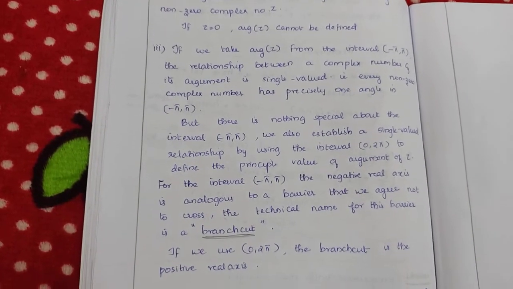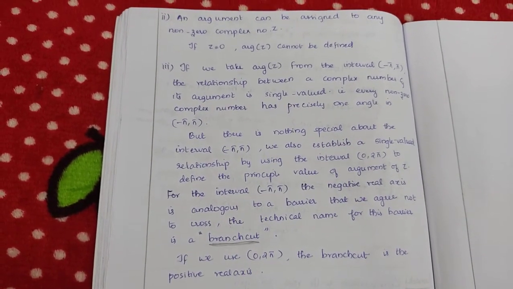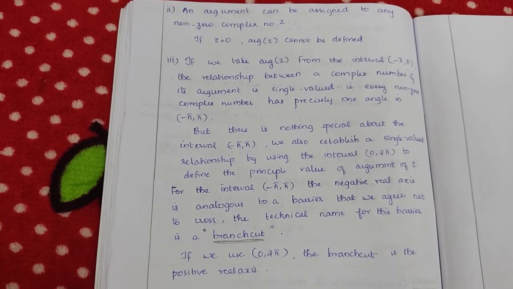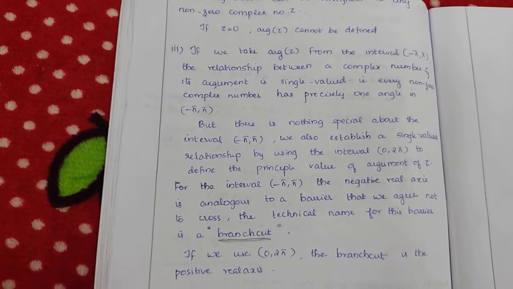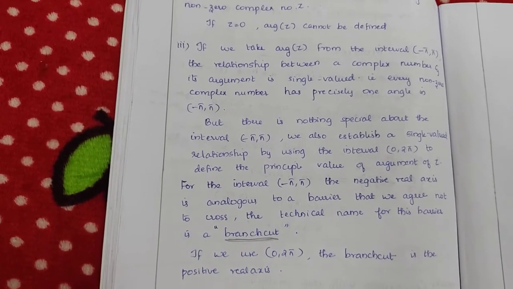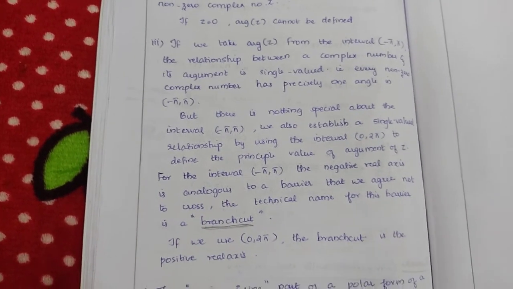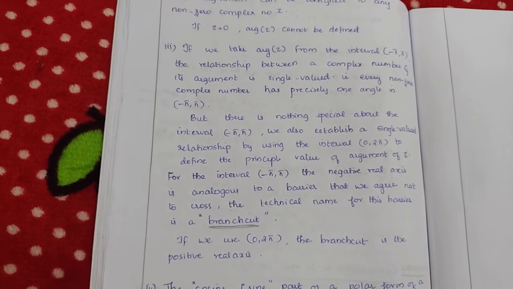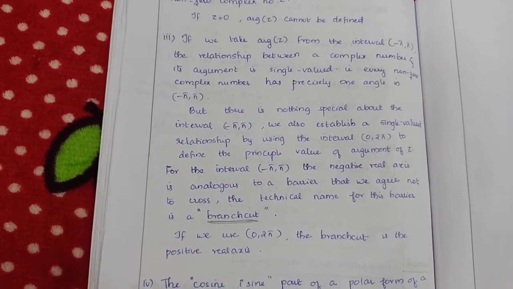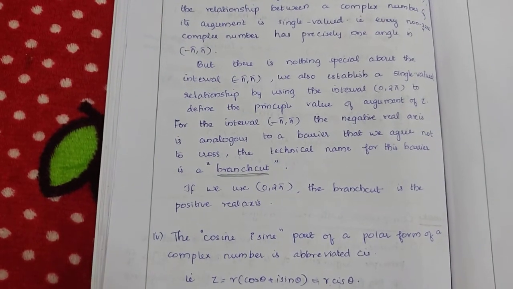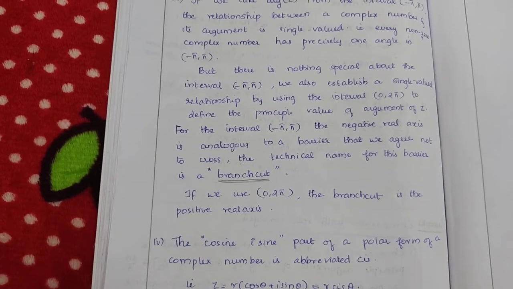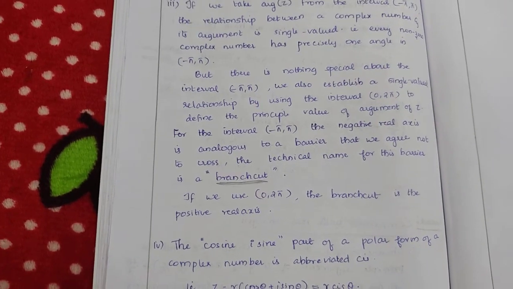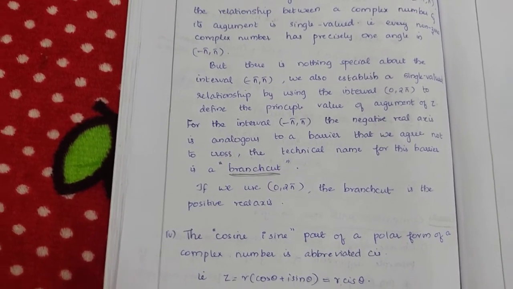For the interval minus pi to pi, the negative real axis is analogous to a barrier that we agree not to cross. The technical name for the barrier is a branch cut. If we use the interval 0 to 2 pi, the branch cut is the positive real axis.